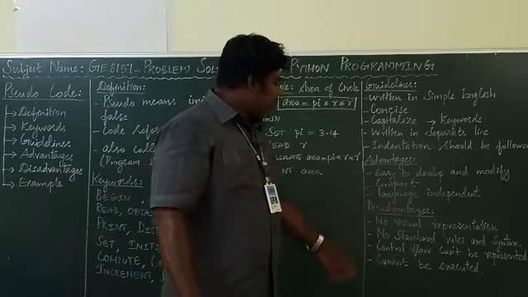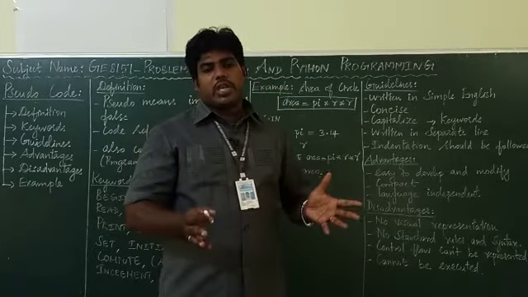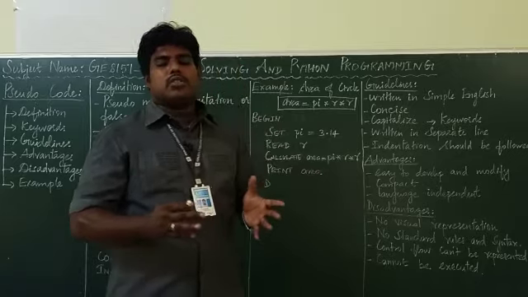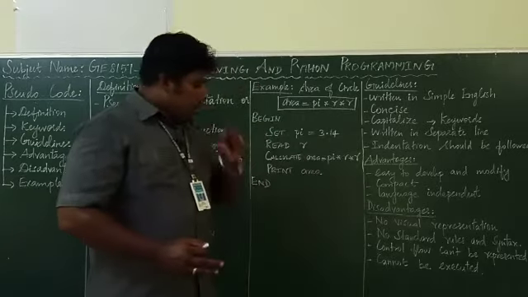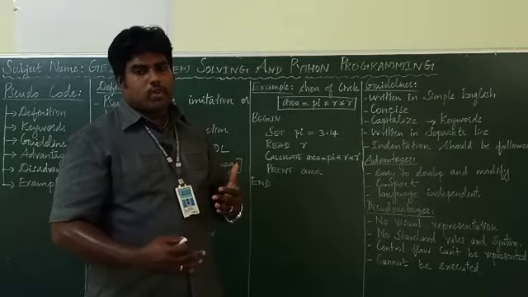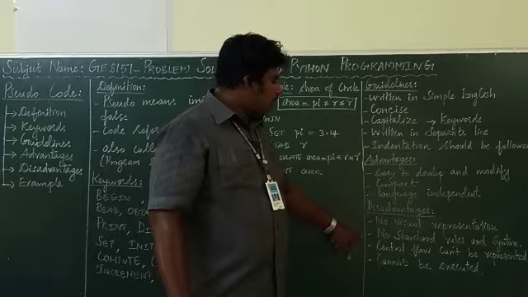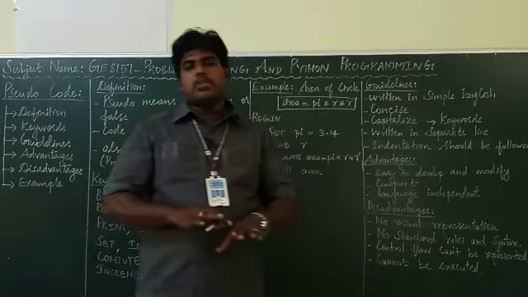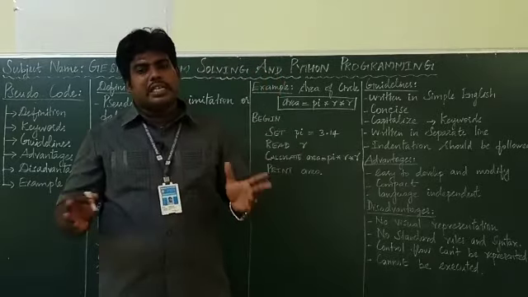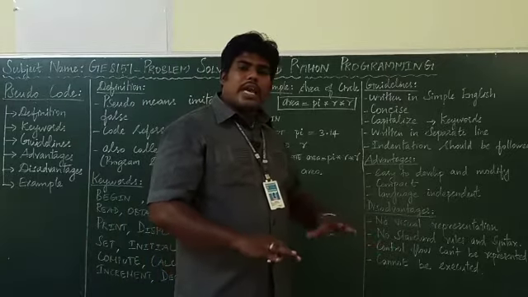Then what are the disadvantages? First, no visual representation, no pictorial representation. As there is no pictorial representation, we cannot find the flow of the program. That is one of the main drawbacks of pseudocode. The second one is that there are no standard rules and syntax for pseudocode. So there are no fixed rules.